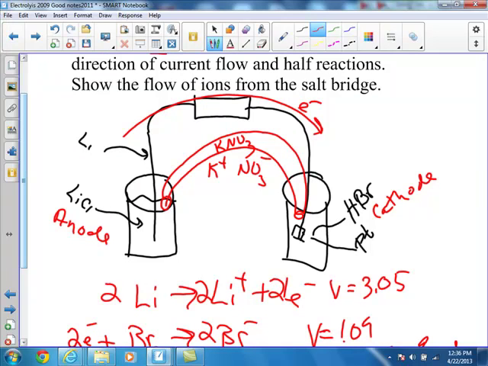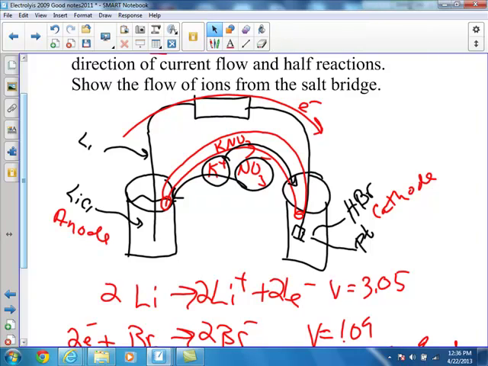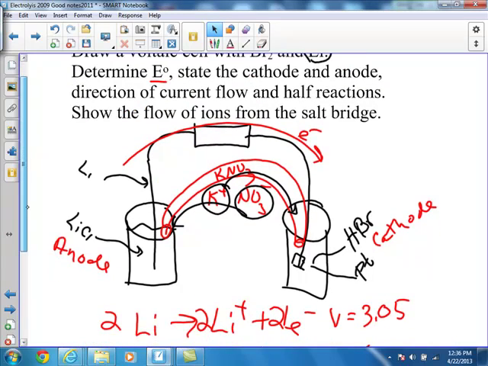So what's going to flow in here? NO3 minus is going to flow there. The K plus is going to flow there. I would expect that you can do something like that on your test Friday. Wait, NO3 flows to Li? Yes.